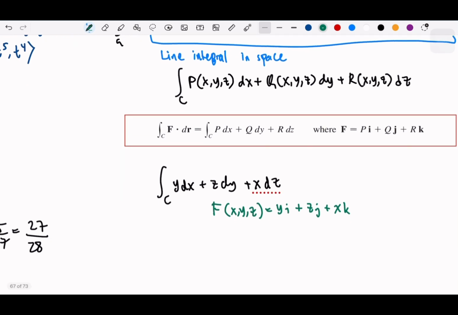And then finally, we can write the line integral F dot dr. So basically, we can write this F dot dr using F is y, z, x. Okay.